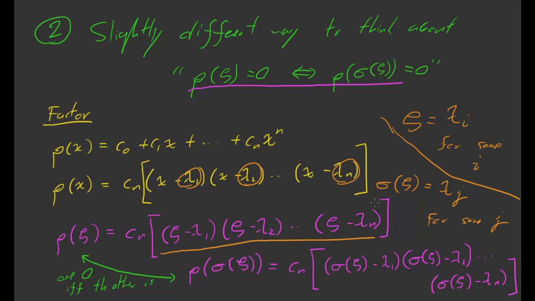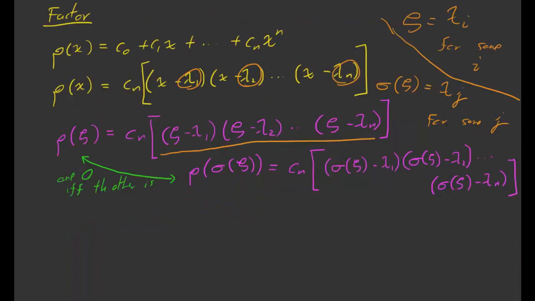And so what that tells us, and this is where this gets interesting, is that sigma must be permuting the roots of p. When we write out this factorization, sigma is just permuting the roots. It's taking each lambda i to a different lambda i. It's permuting the set of lambda i.